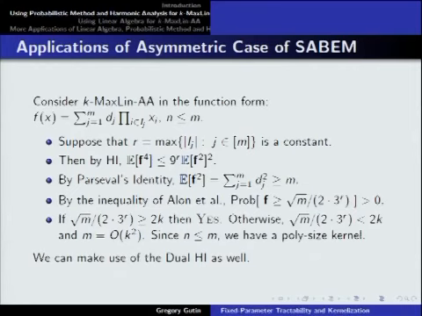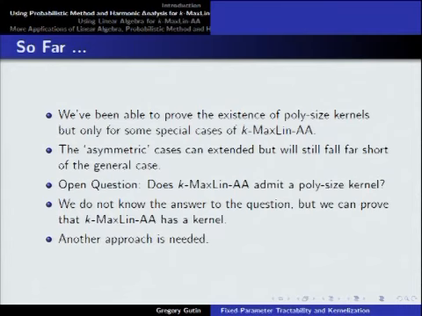Of course, r or rho need not necessarily be constants. You can relax this as well, but even if you relax that, you cannot solve the whole problem. You cannot check whether our problem, k Max-Lin above average, is fixed parameter tractable or not.